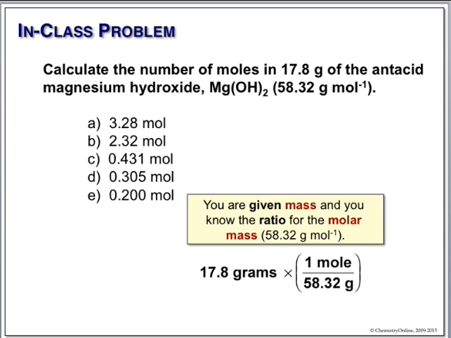You can say 1 mole is the same as 58 grams. Makes sense to you. Now we're just going to divide these two together. And I hope I got it right. And it's about 0.305 moles. This is an actual old exam question.